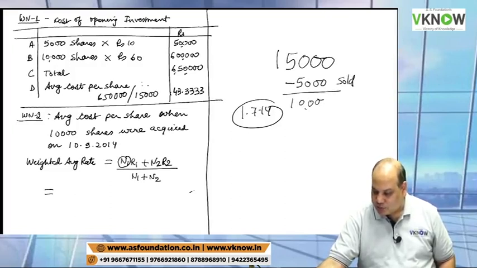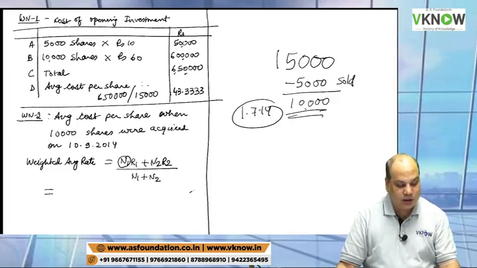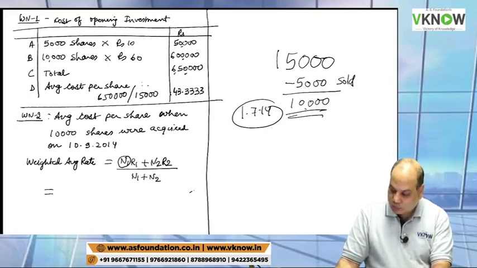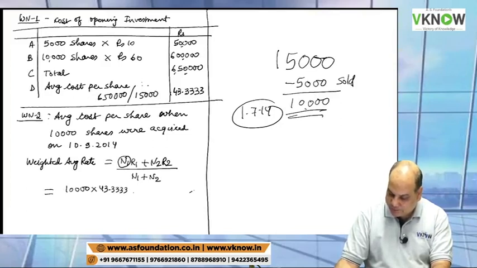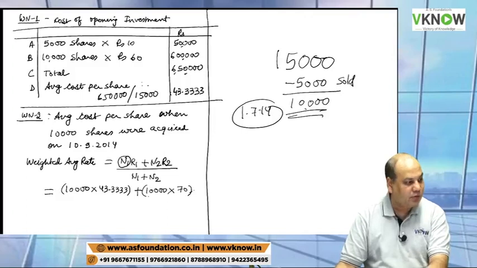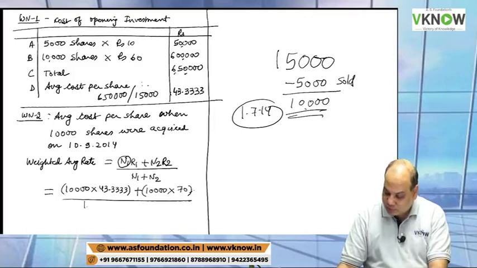So before I made the purchase, I was holding only 10,000 shares. So 10,000 into 43.3333, this is opening, plus you have purchased 10,000 shares now at 70 rupees, and then divide by 10,000 plus 10,000.